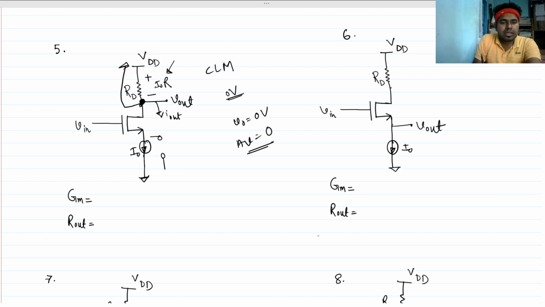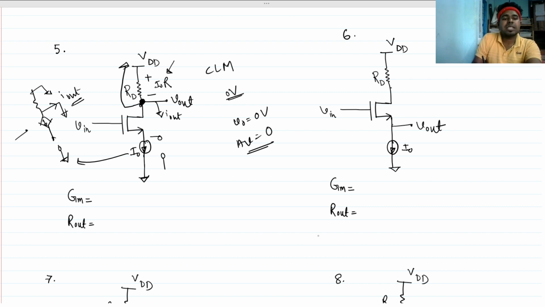And what I was telling previously, if we find the overall GM, what will be the picture? The picture will be RD, with a dependent source, but this is open circuit. If we short circuit this to find I out, and this is ground and this is V in, basically this I out is 0.